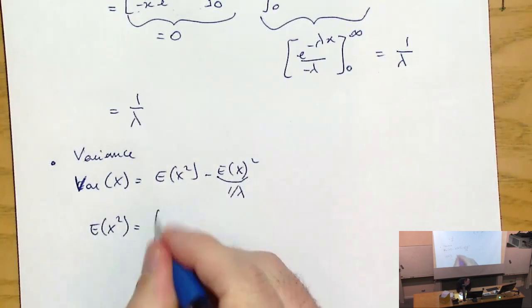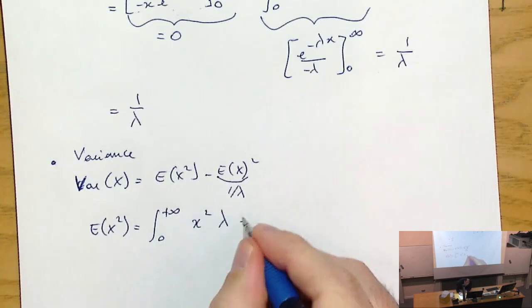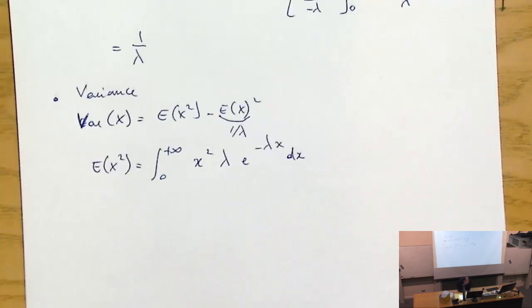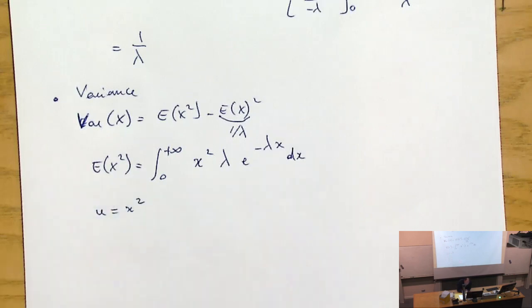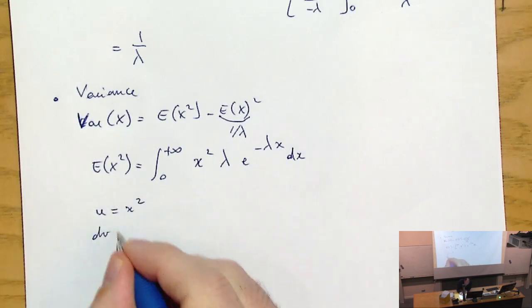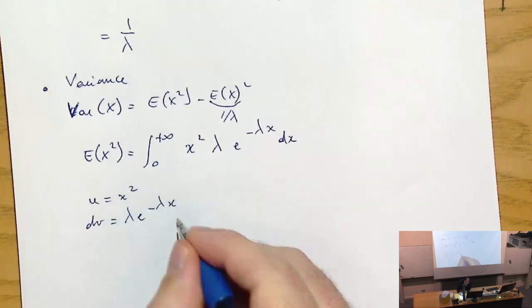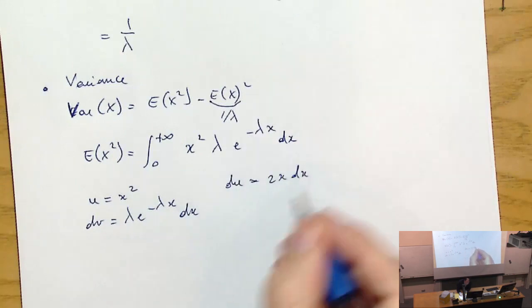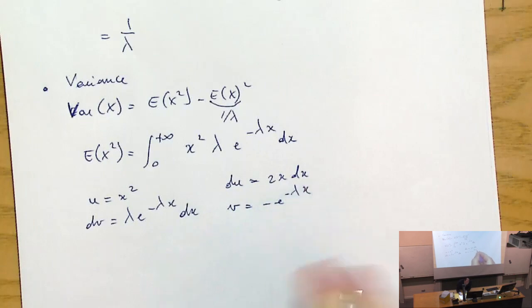So again, this is the integral from 0 to plus infinity of x squared lambda e^(-lambda x) dx. And what we can do here is use integration by parts again. So I take u is x squared, dv is lambda e^(-lambda x) dx, du is 2x dx, and v is minus e^(-lambda x).